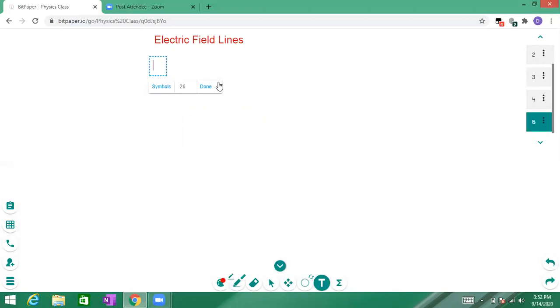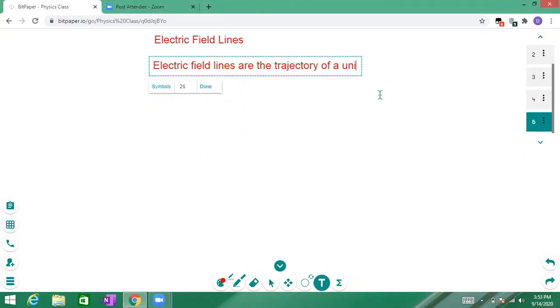So what is electric field lines? Electric field lines are the trajectory of a unit positive charge in an electric field.